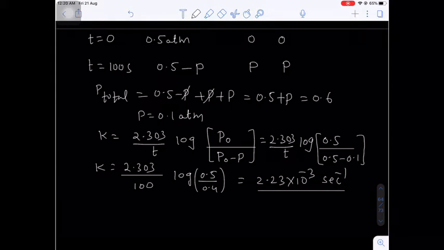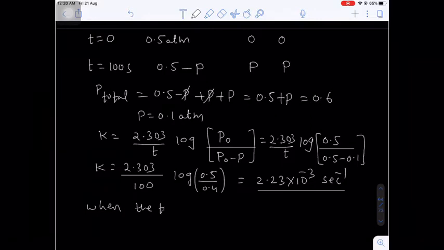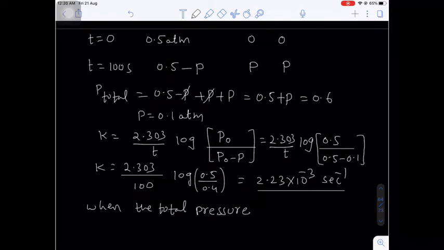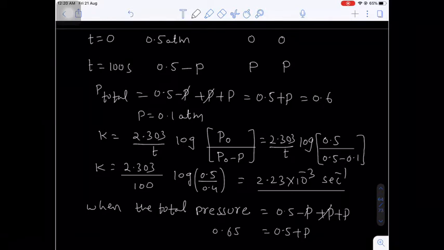Now the continuation. When the total pressure given in the question is 0.65, the actual total pressure will be 0.5 minus P plus P plus P, that is 0.5 plus P, but in the question it is given 0.65 atm.